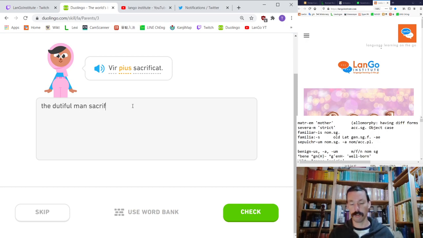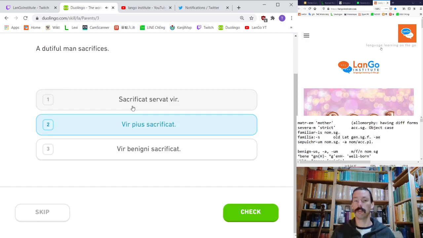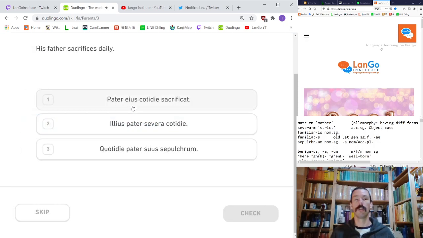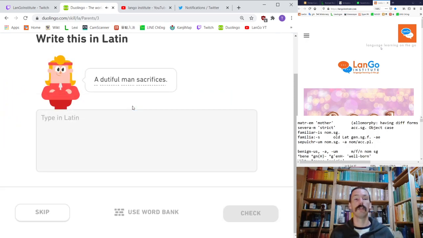He sacrifices. A dutiful man is number two there. His father sacrifices daily. Pater eius quotidie sacrificat. A dutiful man sacrifices. So a good word order for this, noun followed by adjective, vir pius. And then we have the English derivative of this one, sacrificat.